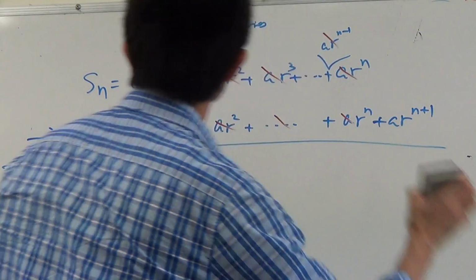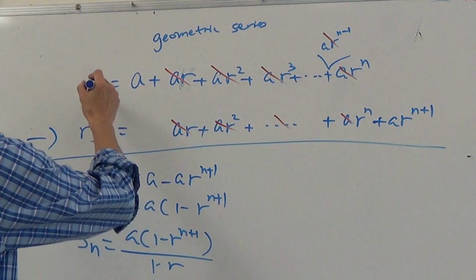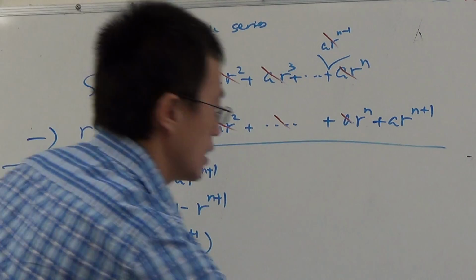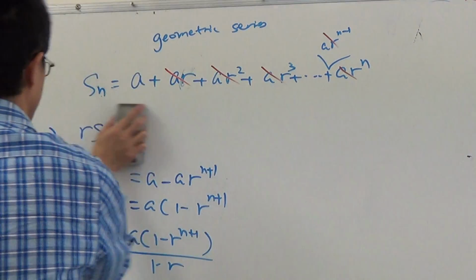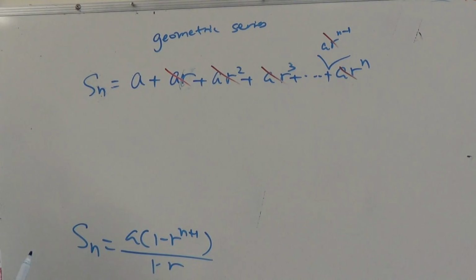Okay, I'm going to write it here. We're going to use this to derive the present value of annuities.